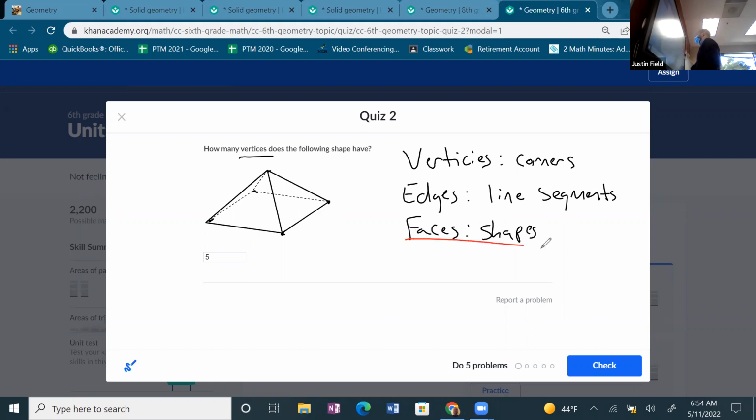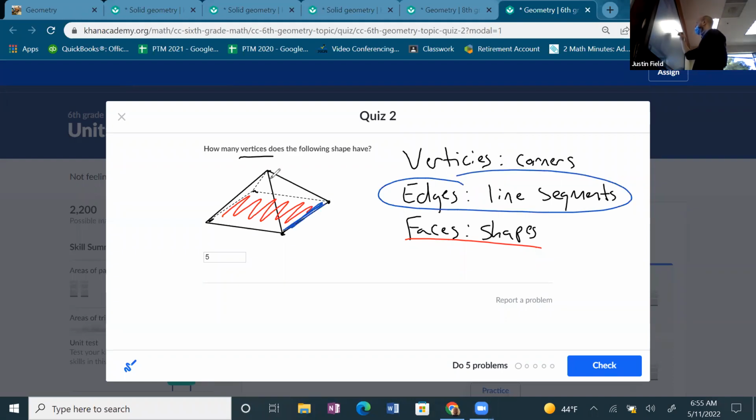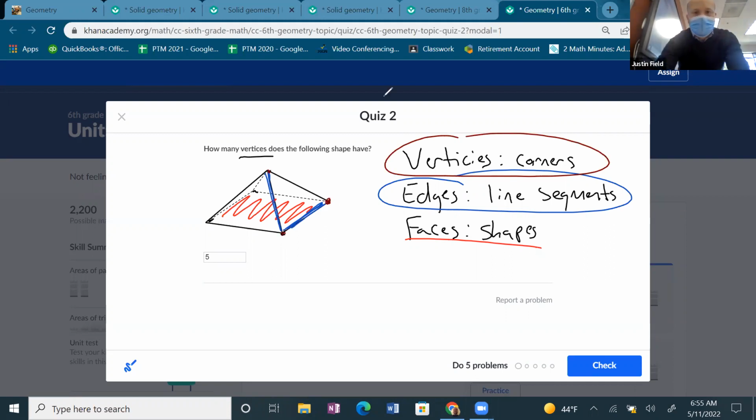The faces would be like, that's the base face right there. The edges would be like that, and then the vertices, which I have already mentioned, are like all the little points. Okay.